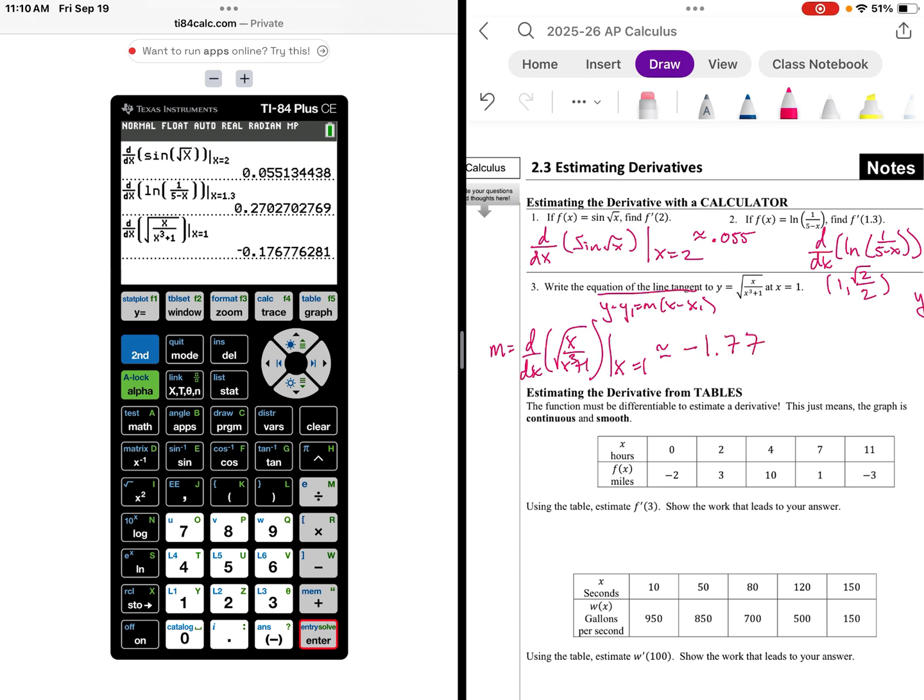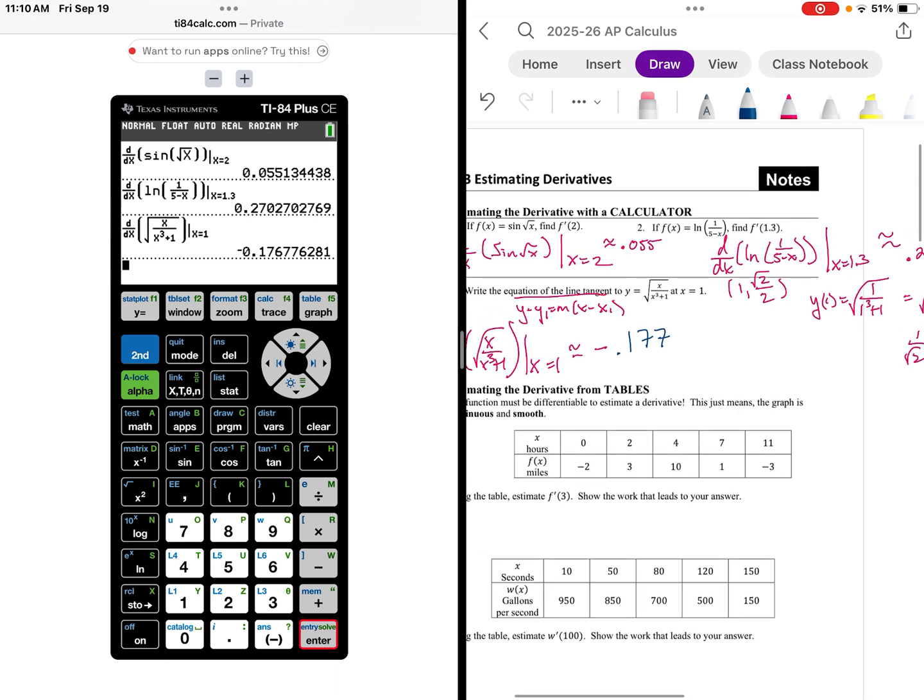Sorry, I looked off to the side. So as I write the equation, we have y minus root 2 over 2 equals negative 0.177 parentheses x minus 1.